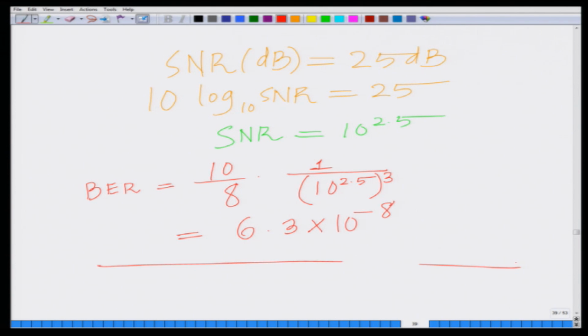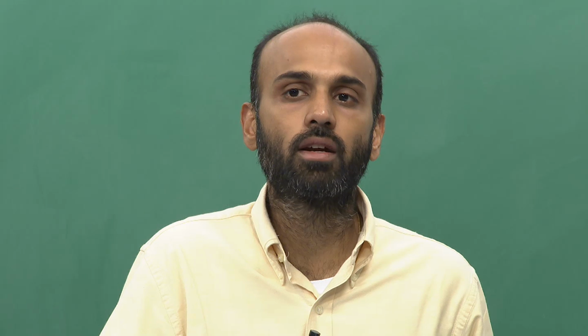So, that is the bit error rate of this system at high SNR, that is 10 over 8 times 1 over SNR cube, which is approximately 6.3 times 10 to the power of minus 8. So, that is the bit error rate of this system with transmit beamforming.